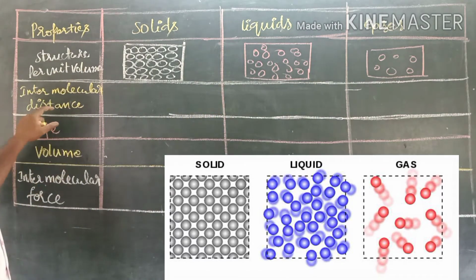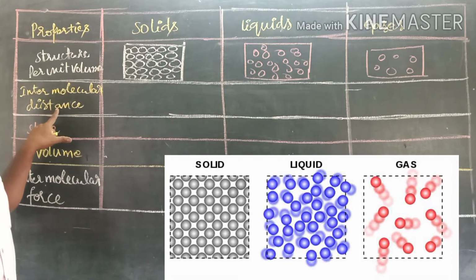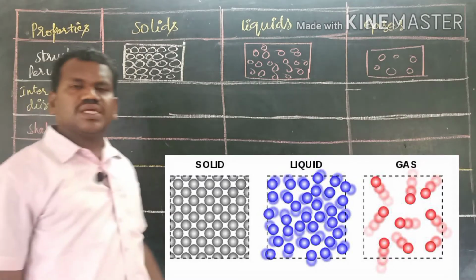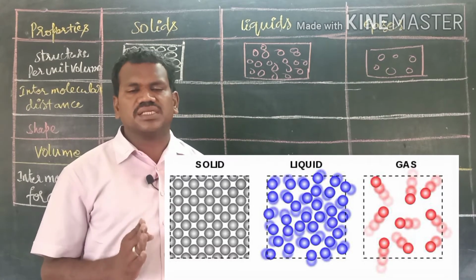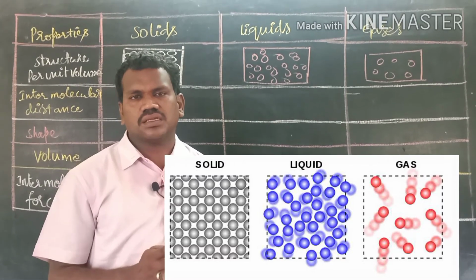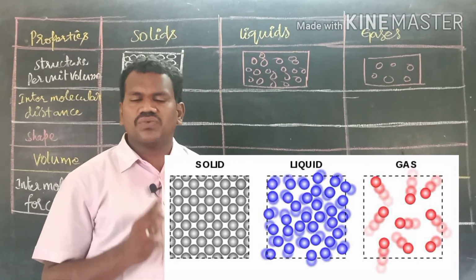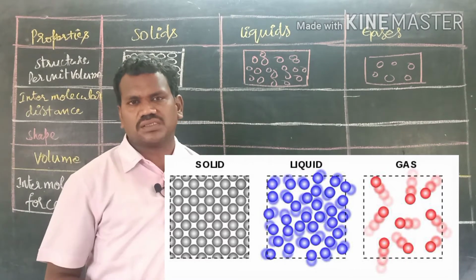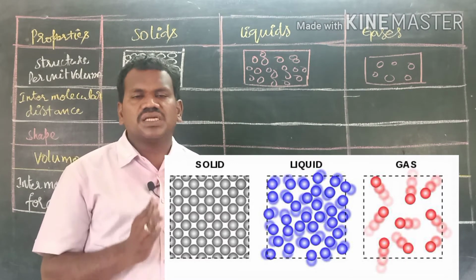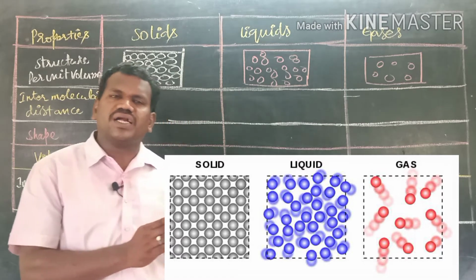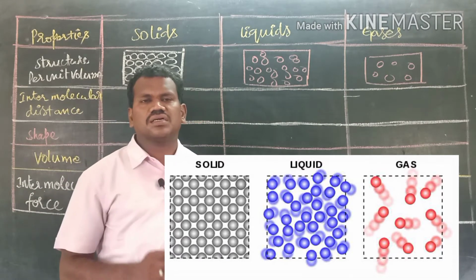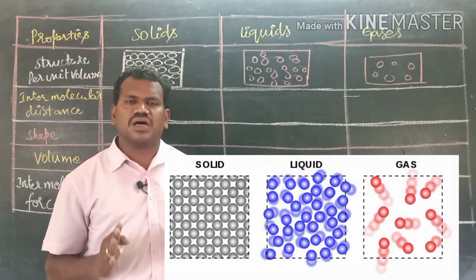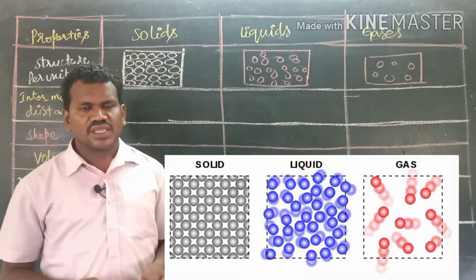Now let us come to the second one, that is intermolecular distance. What is the meaning of intermolecular distance? Inter means between. Between what? Between the particles. The distance between two successive particles of any kind of matter is called intermolecular distance.